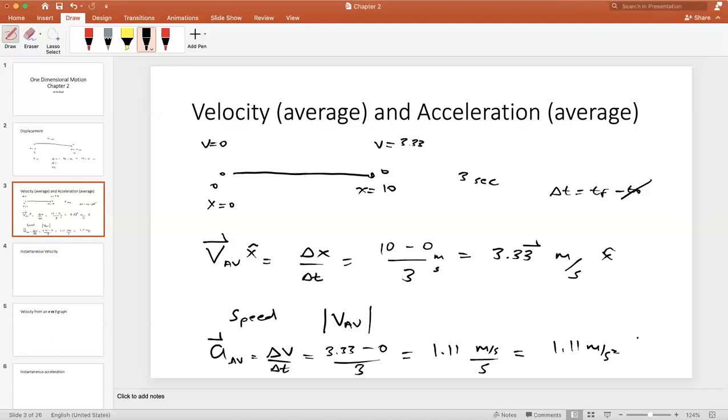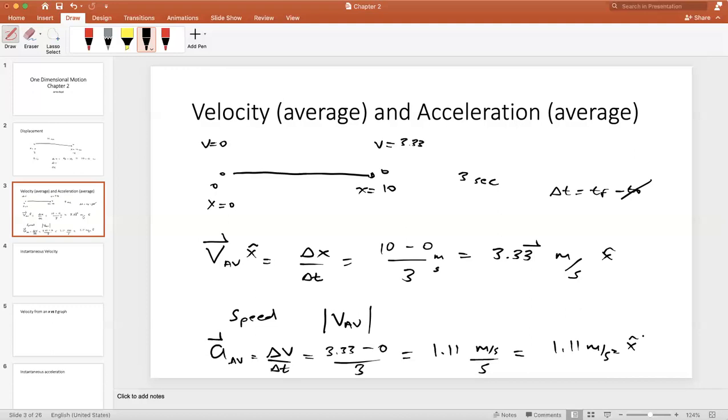Again, this is a vector. It's in the positive x direction in our example. So acceleration is the change of your velocity. That's actually kind of hard for humans to always grasp, that it's how much your velocity changes. Your velocity is pretty easy. You realize how fast your position changing with time is your velocity.